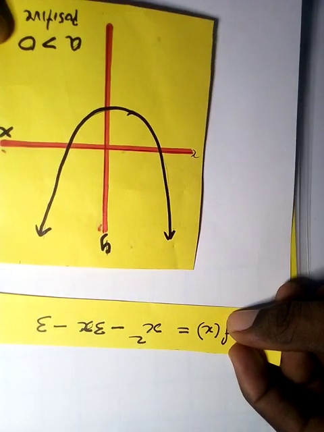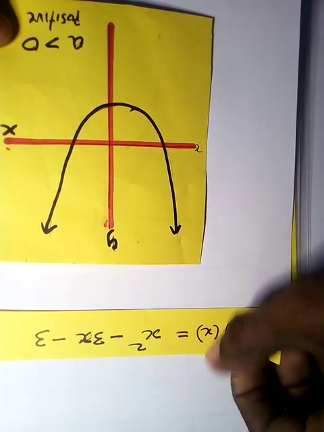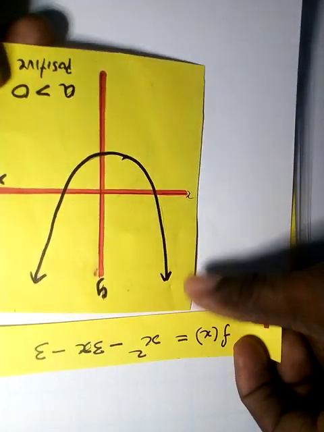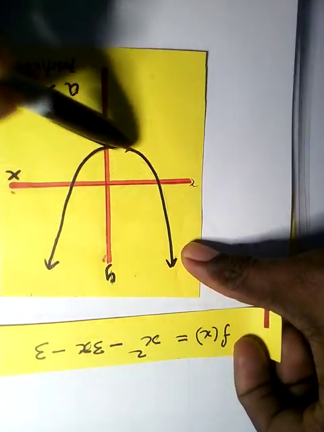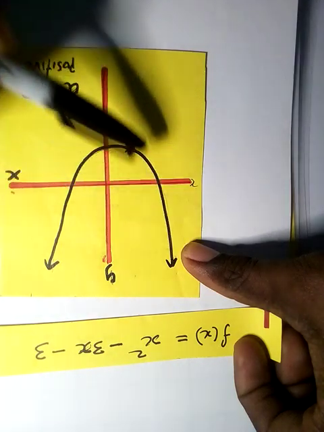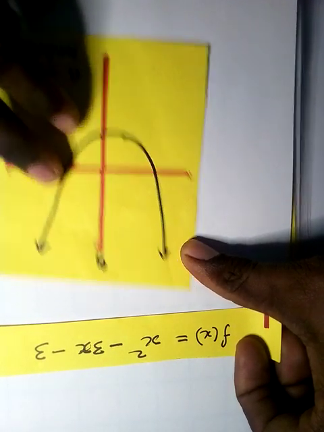We can see that the coefficient is positive here, and it's 1. So when it's positive or greater than 0, then we know that we're going to have a minimum graph, meaning the graph is going to have a lowest point. So the legs of the graph will push towards the positive side of the y-axis.